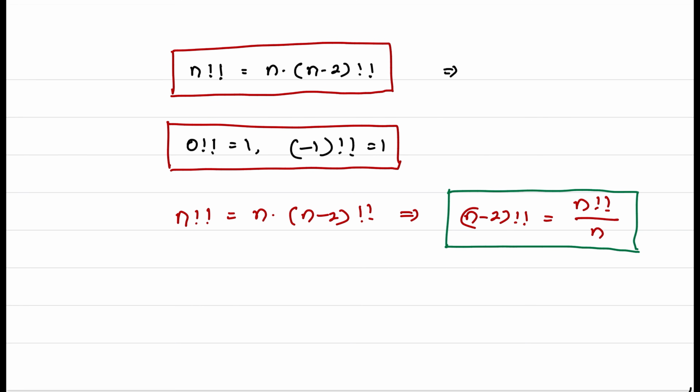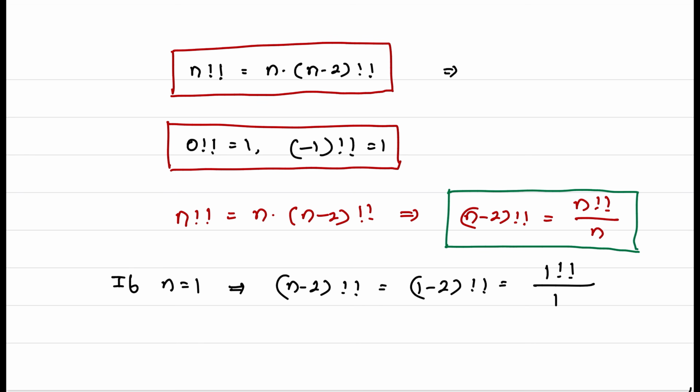Now, if n is equal to 1, what happens? If n is equal to 1, n minus 2 double factorial is equal to 1 minus 2 double factorial, that is equal to 1 double factorial by 1.